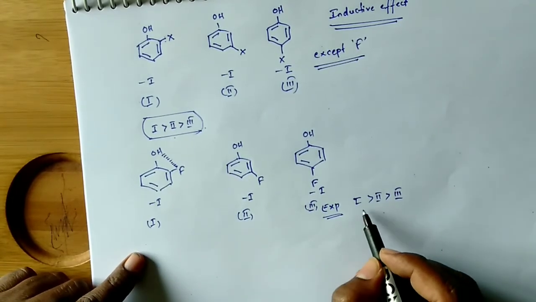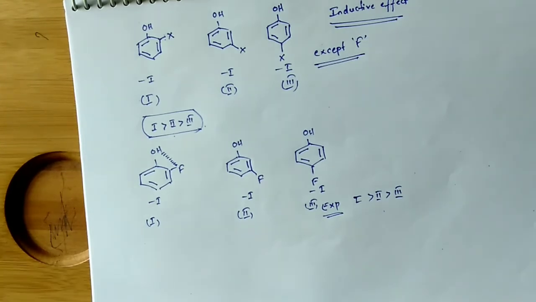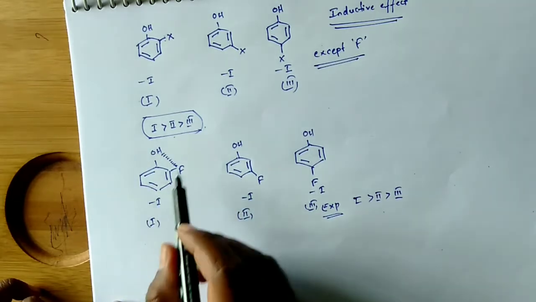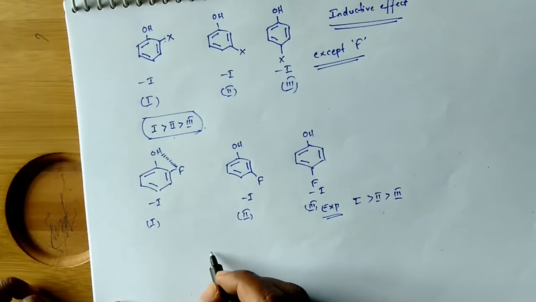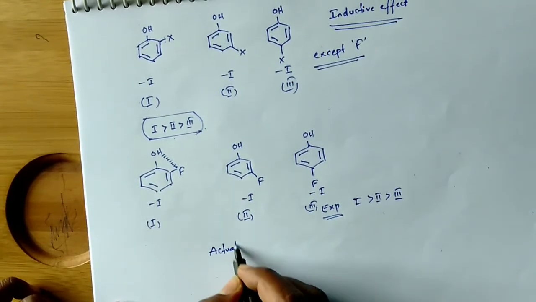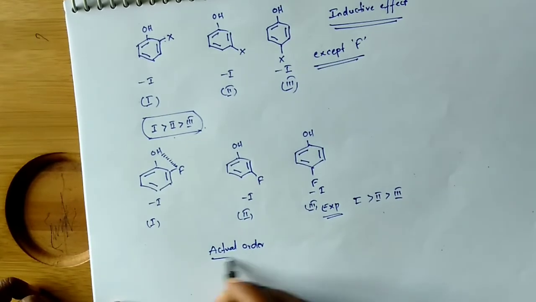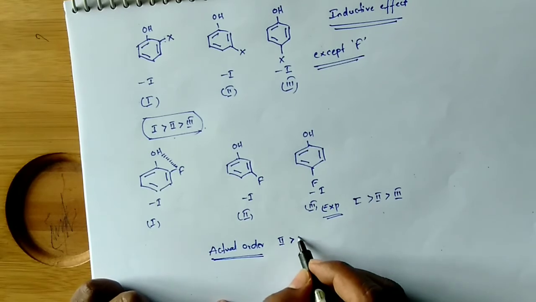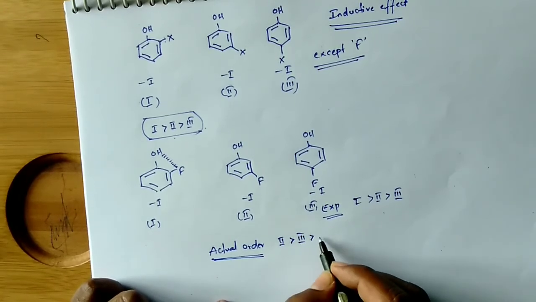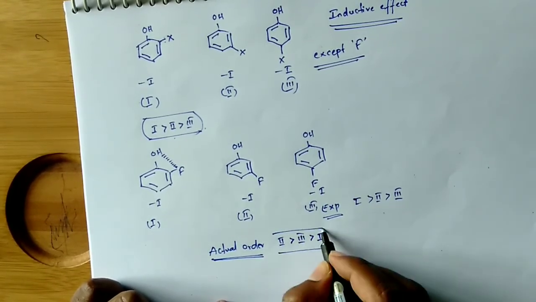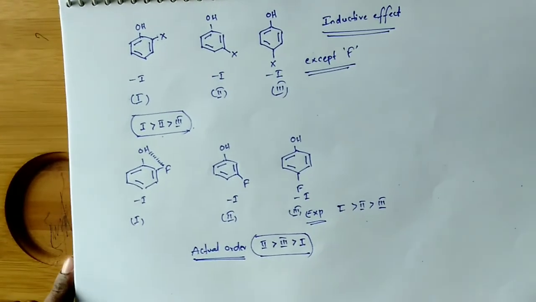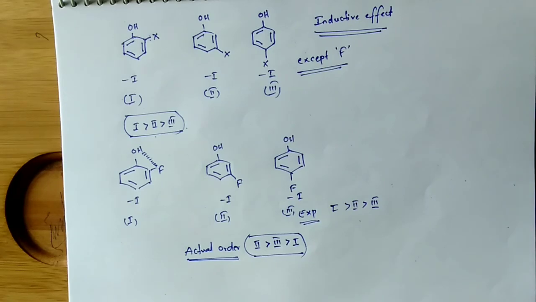Here this will be the least acidic actually because of the hydrogen bond. So the actual order of acidic strength: meta substituted is more acidic than para substituted, which is more acidic than ortho substituted. Okay, the reason here is the formation of the hydrogen bond. Okay, so this is the acidic strength in substituted phenols.